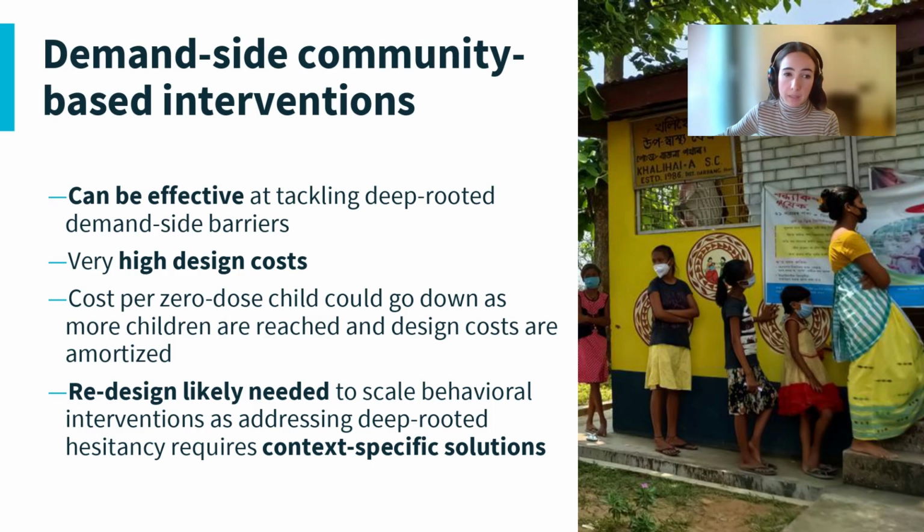However, as these interventions are implemented for longer and design costs can be amortized and spread out over more children reached, we would expect the cost per zero-dose child to go down, at least until a certain point. However, when scaling these interventions to other contexts and different locations, some sort of redesign would likely be required. And so the cost per child reached might continue to be high when scaling these interventions to other geographies.